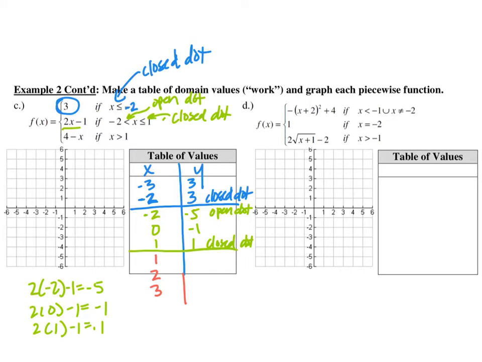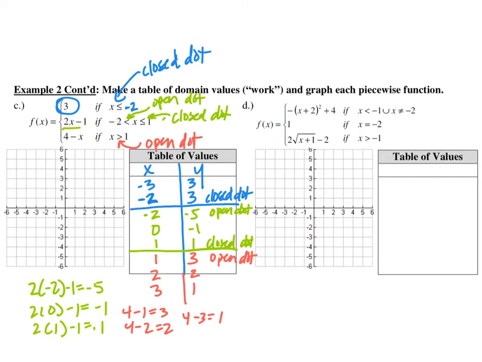And now let's move to the last function. So we substitute 4 minus 1, so that gets us 3. This is just a greater than, so it's an open dot. Then we have 4 minus 2, which is 2. And then 4 minus 3, which is 1.